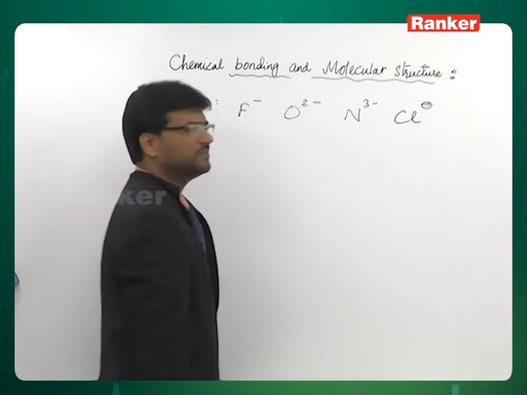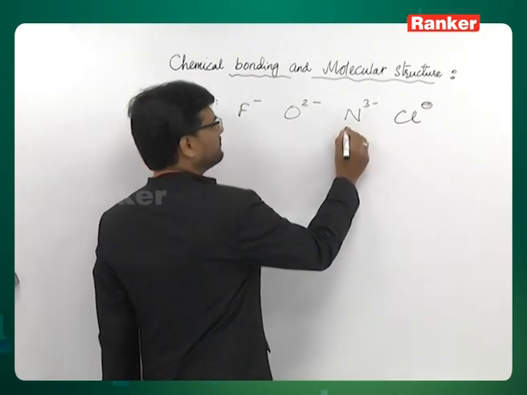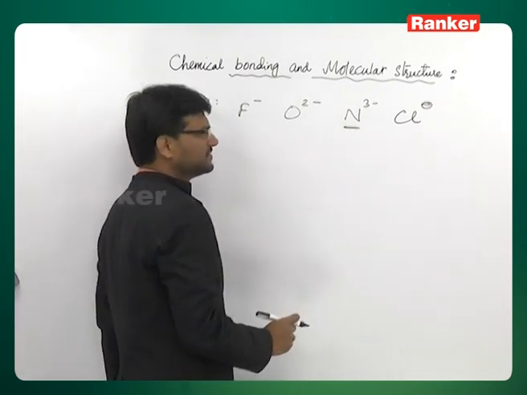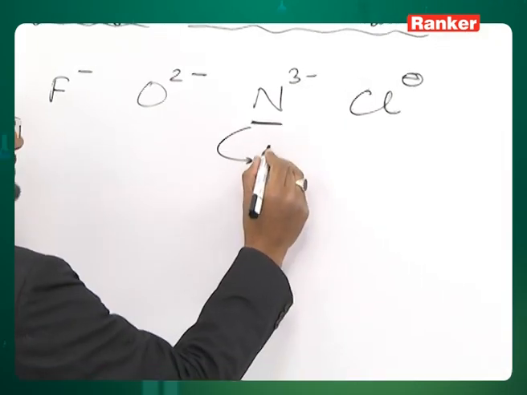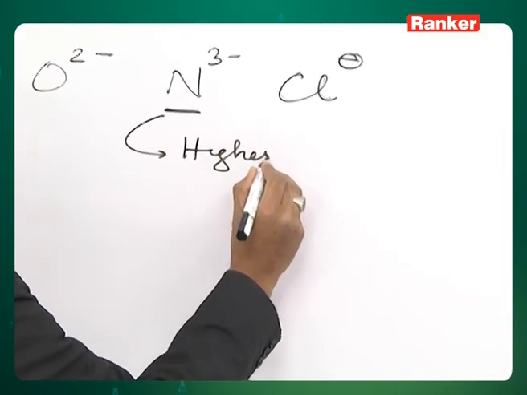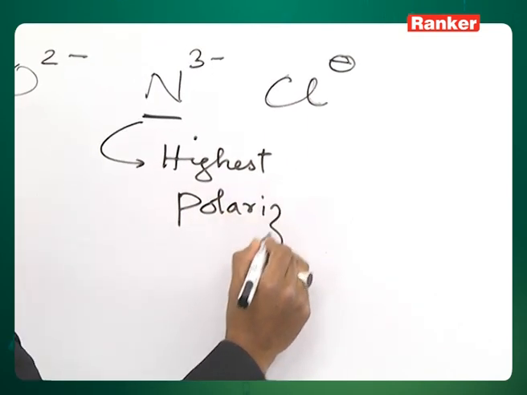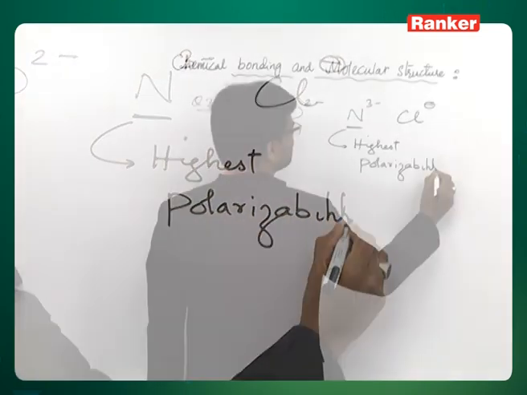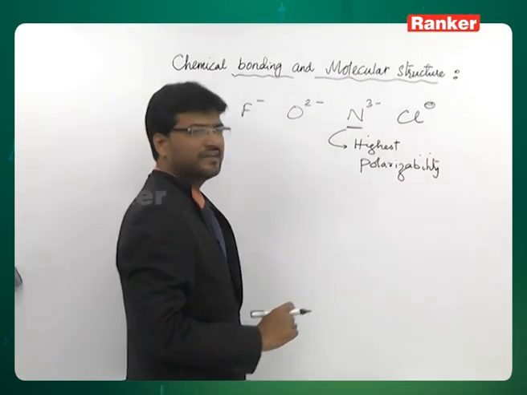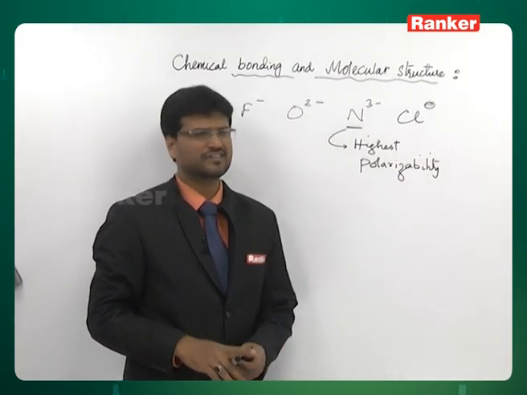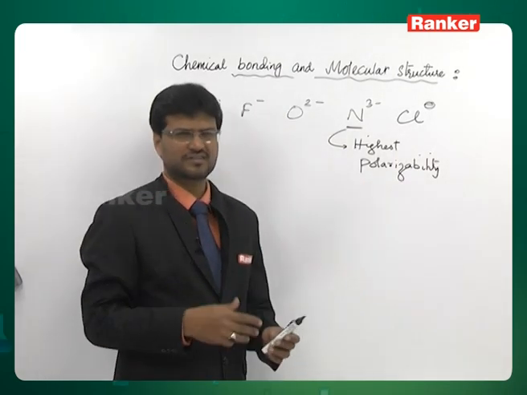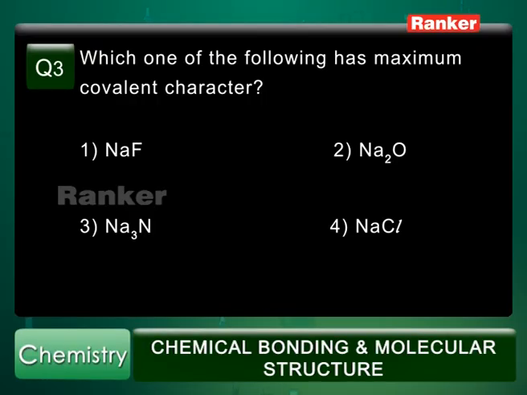Among them, the species which has highest polarizability is N3 minus. It is because of its high charge. Its polarizability is high, therefore, it will get distorted more and its covalent nature will be more. So, the correct answer is third option Na3N. Sodium nitride is the name.